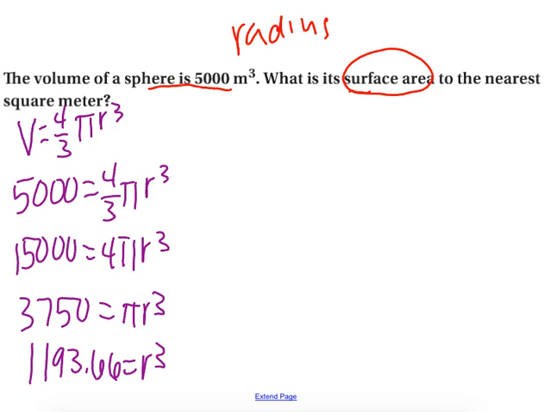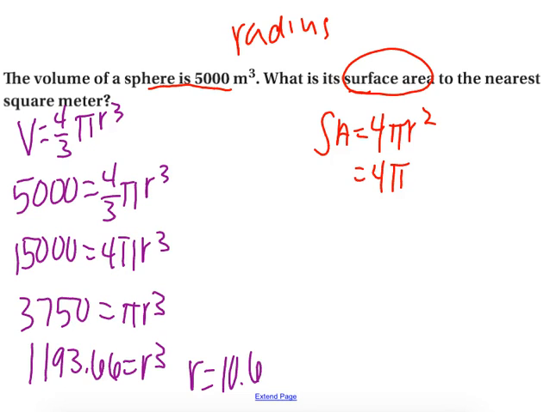Now, how do you undo something cubed? You take the cube root. So we end up with r equal to 10.6. Now, plugging this in for surface area, here we are, 4 pi 10.6 squared.